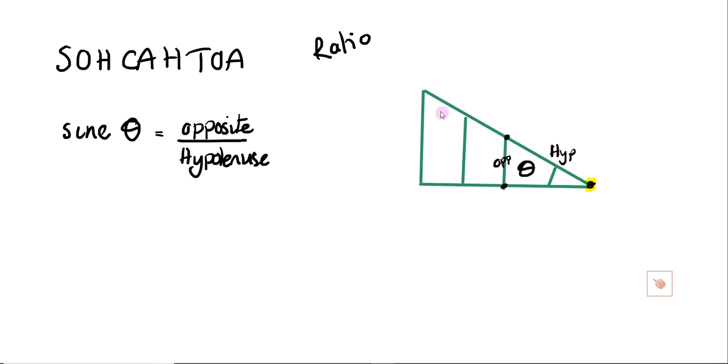So even if I extend the hypotenuse, which makes the opposite side bigger, that ratio is still the same. It's just a number. Therefore, the sine of the angle is that number. That's what I try and get across to people when we do it. Sine of the angle is just a number, and we can use that number.